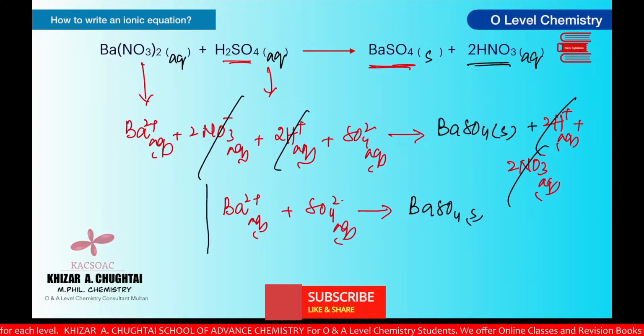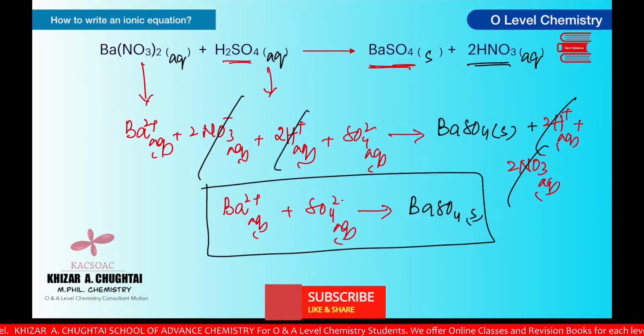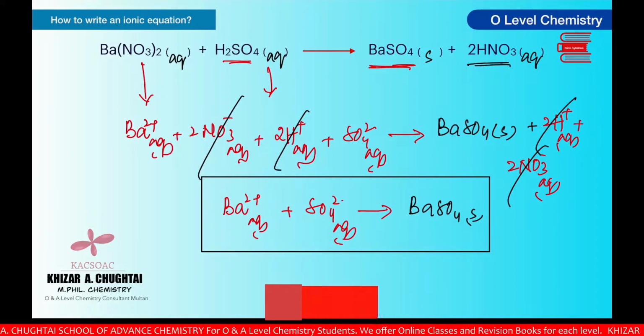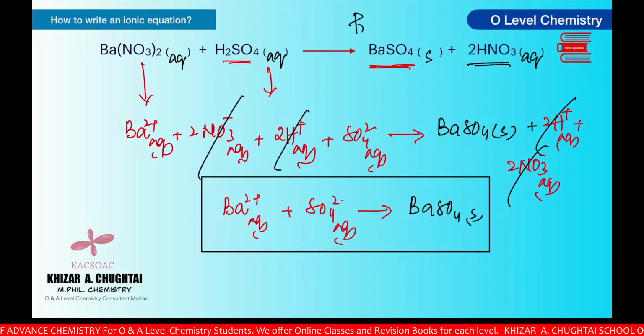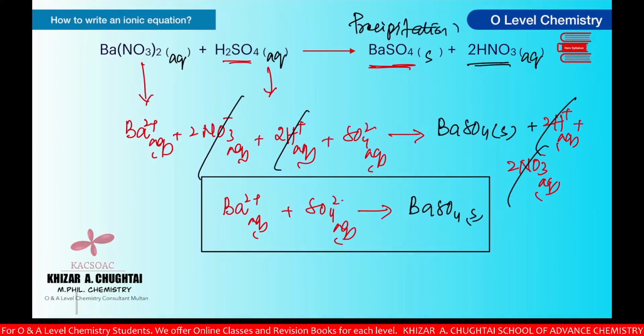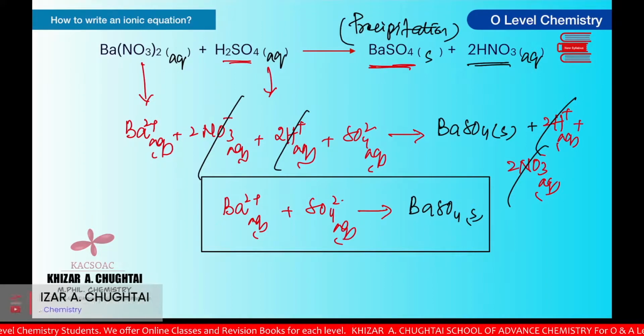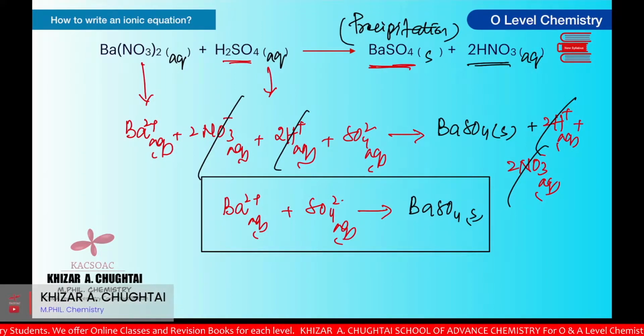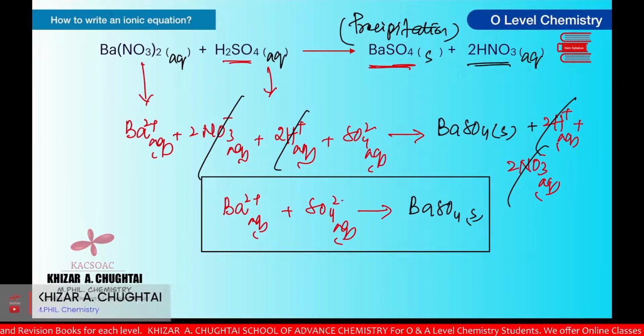So this is the final equation of this reaction, which is said to be an ionic equation. The name of this reaction is precipitation reaction. For this precipitation reaction, the ionic equation is Ba2+ ion aqueous plus SO4 2- ion aqueous goes to barium sulfate solid.